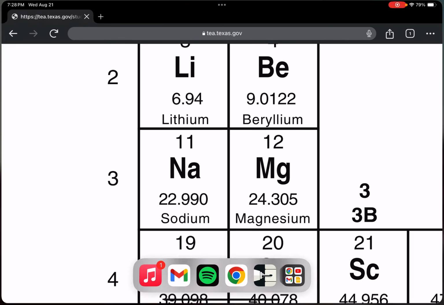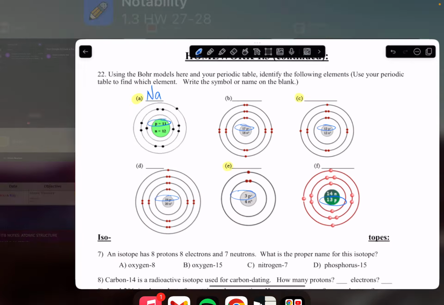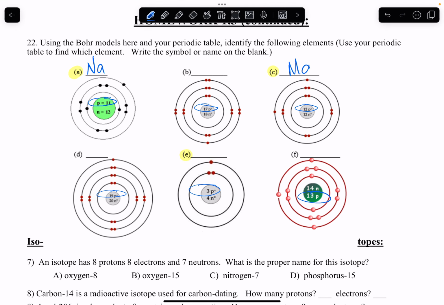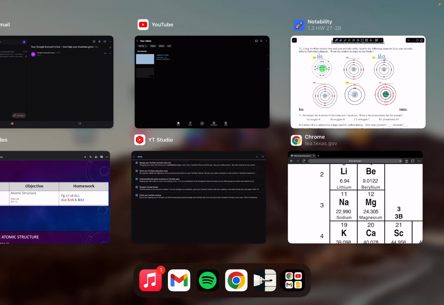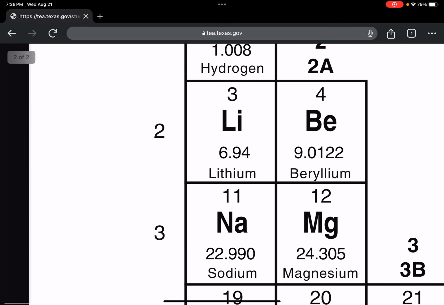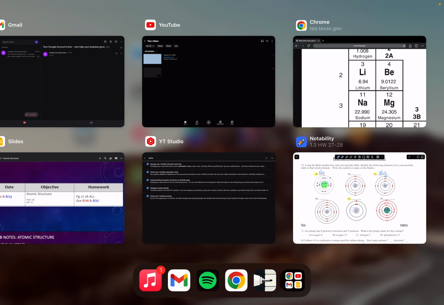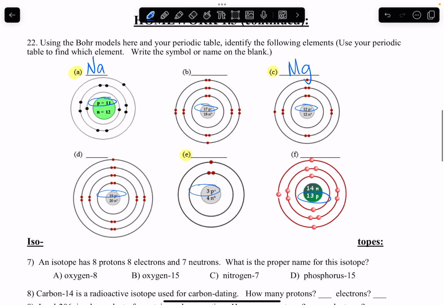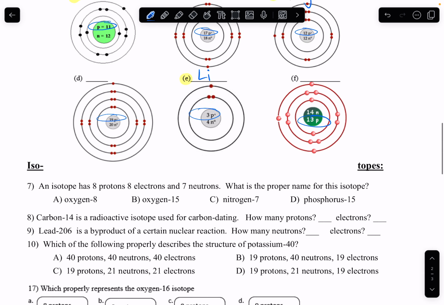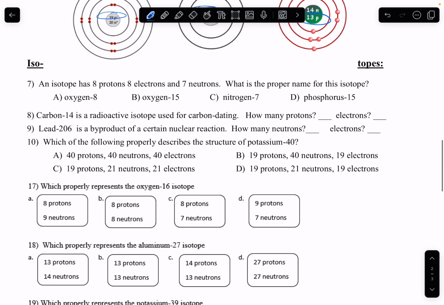Right there next to it is magnesium, which is Mg. The last one has 3 protons. That's E down there. 3 protons is Li, lithium.